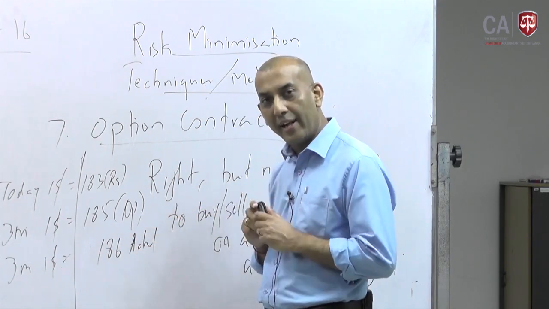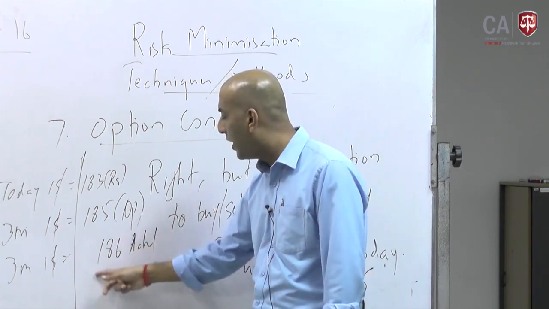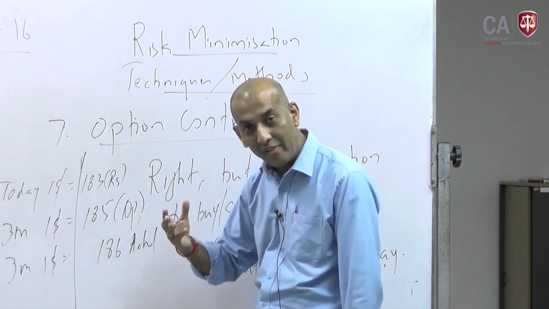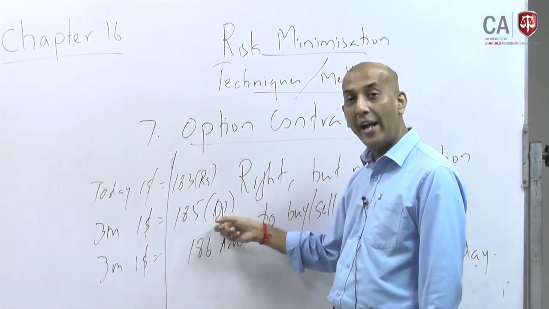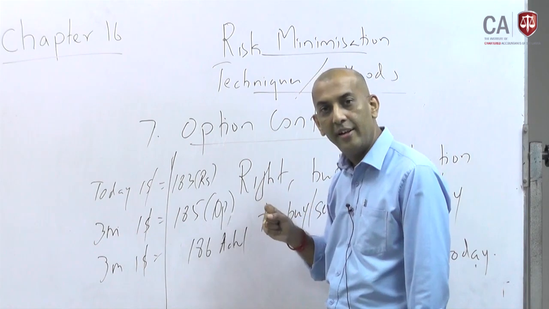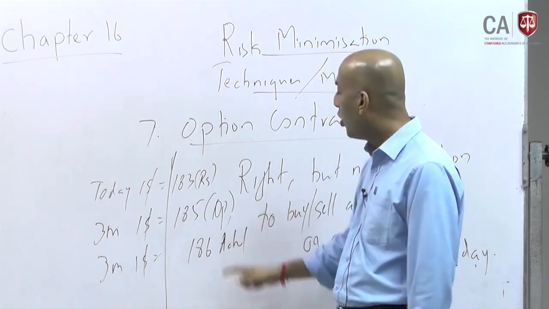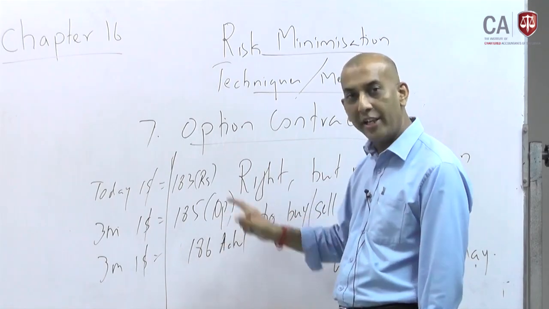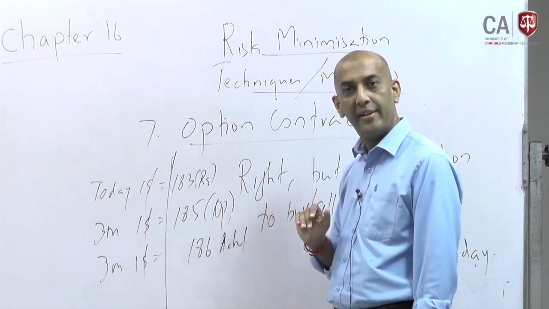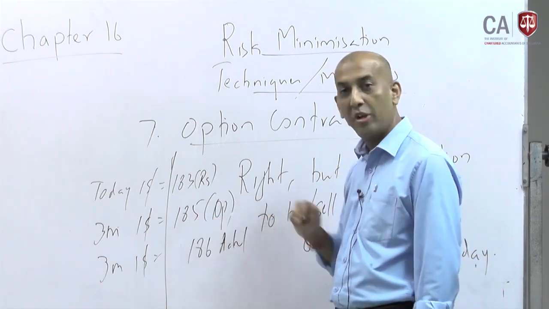Which one will you buy at? You realize buying in the market at 186 is expensive compared to utilizing your option contract right, where you can buy at 185. So you will exercise your option contract and buy the dollars at 185. You don't go with the market, you go with your option contract.